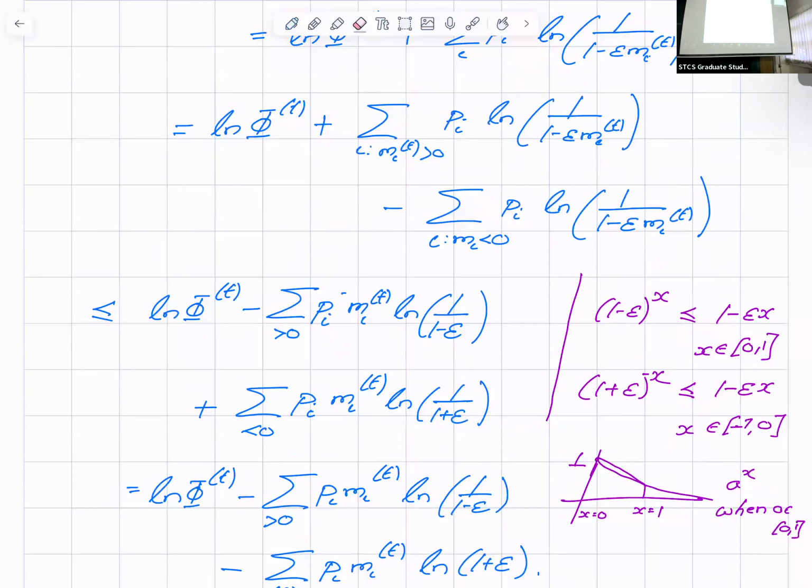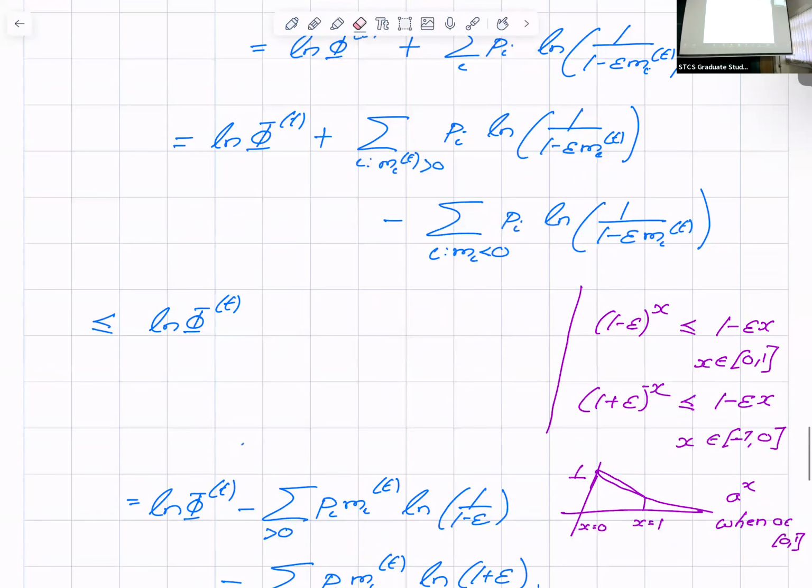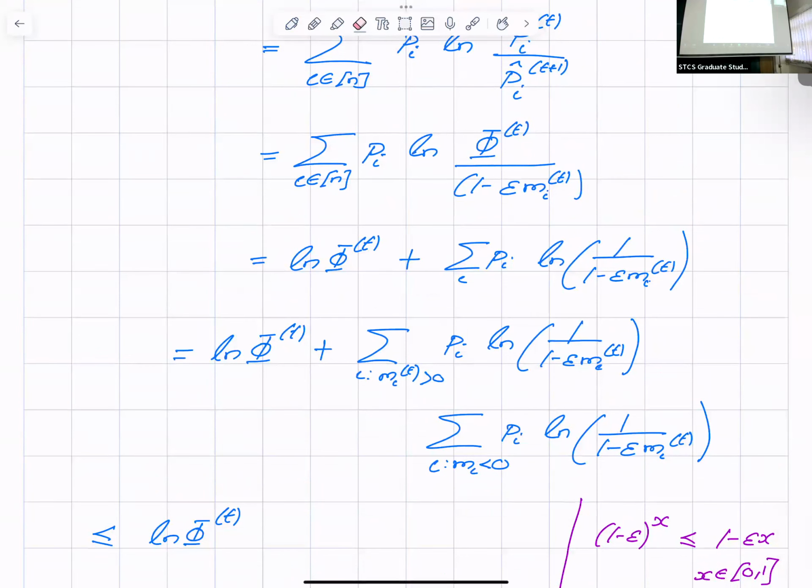I'm terrible at these. Let's go do this part again. Is this fine? I don't know why I brought in the negative sign there. Ln Pi t plus ln 1 minus. This I'm just flipping to the positive part and the negative part, MIT, where this quantity is ln of a number greater than 1.